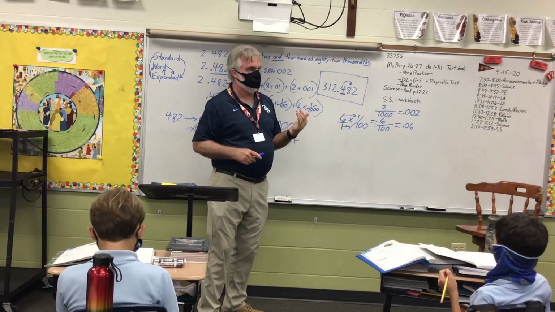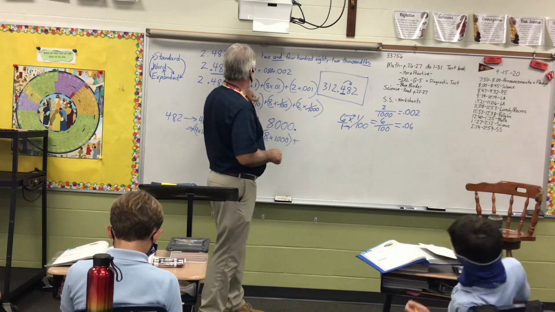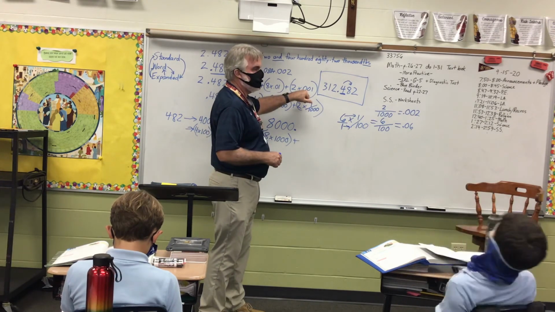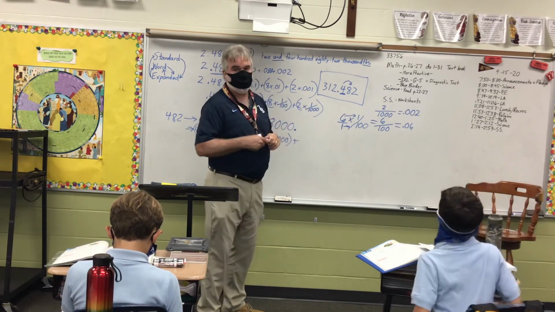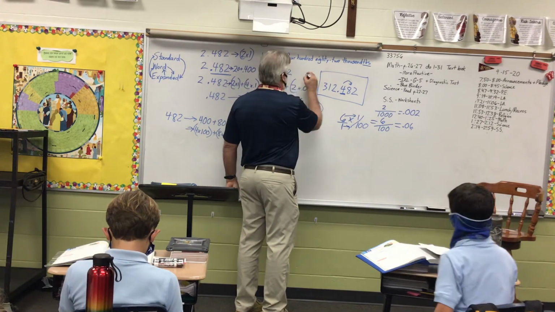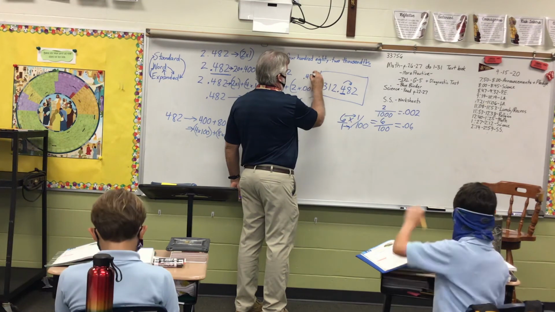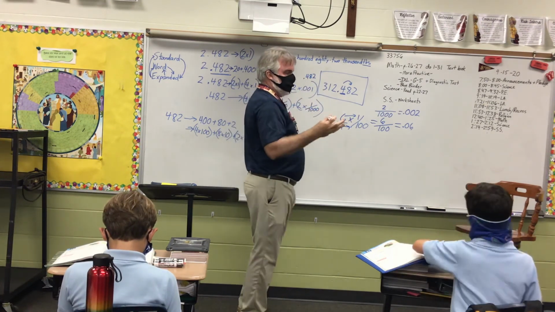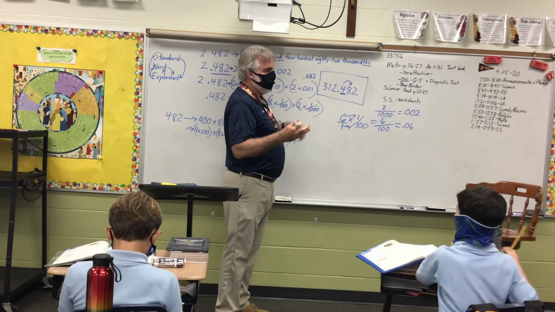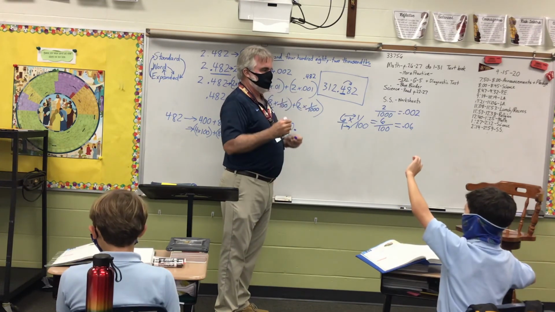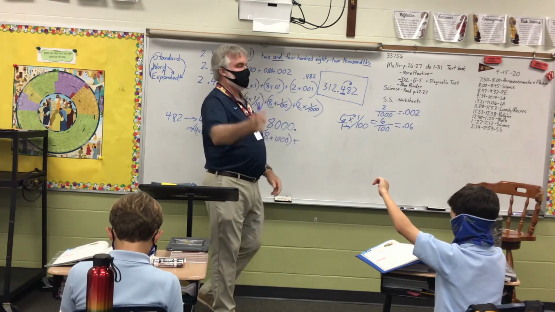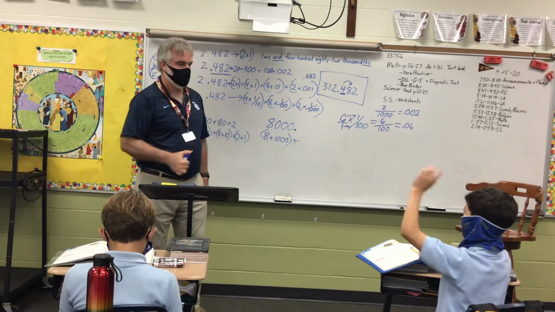One way of doing this is to figure out what this number is. It's easier if you write it in standard form, which you look at and say, oh, it's 0.482. Okay, Graham? If you switch it to standard form, it makes it so much easier.